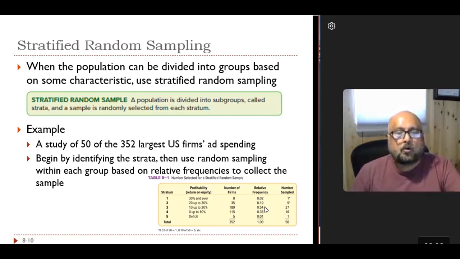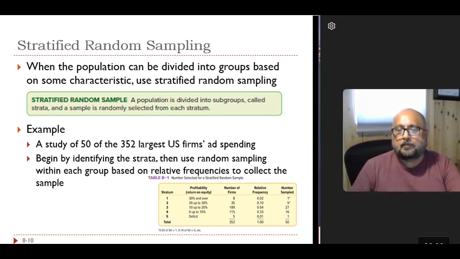If you add them up, they constitute 0.87. So there is a high chance of selection from these strata. And the other strata, like 1, 2, and 5, are very tiny. It's only 0.13 when you add them up. We may get elements from these strata, but the chances are very low.